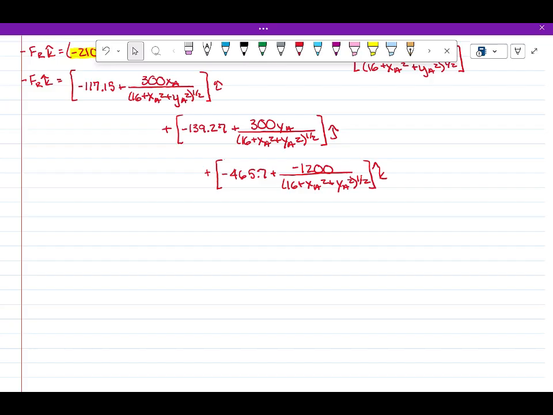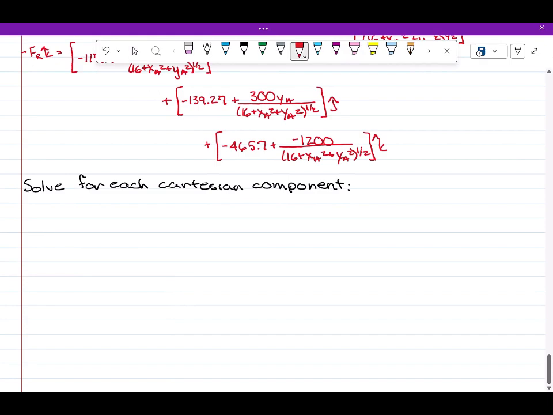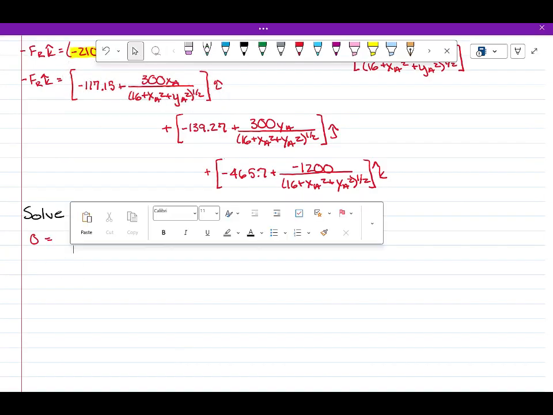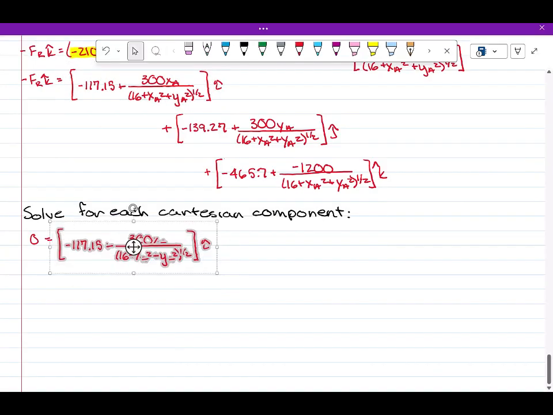Solving for each Cartesian component, we start with i. On the left-hand side of our original equation, there is no i component. Therefore, we start with 0 on the left-hand side, equals, on the right-hand side, we already have negative 117.15 plus 300 xa divided by the square root of 16 plus xa squared plus ya squared.